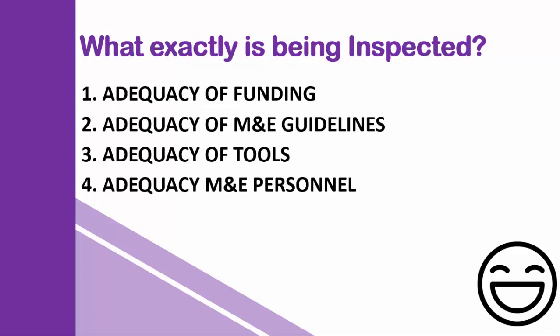Okay. So what exactly is being inspected? I showed you the four components there of an M&E system. You've got the adequacy of funding, adequacy of M&E guidelines, adequacy of tools, adequacy of M&E personnel.